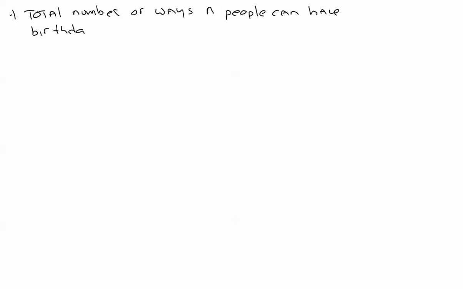First thing, the total number of ways that N people can have birthdays is 365 raised to the nth power. We're assuming that all birthdays are independent.